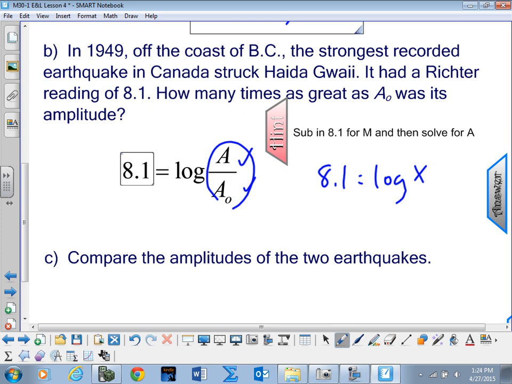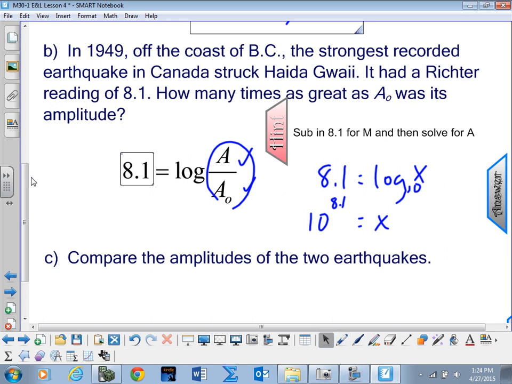Then we rewrote this as base 10. So 10 to the 8.1 equals x. What is 10 to the 8.1? And that's where we get this huge number.